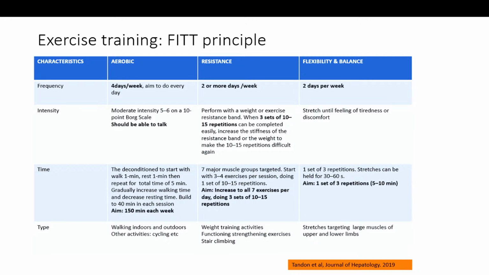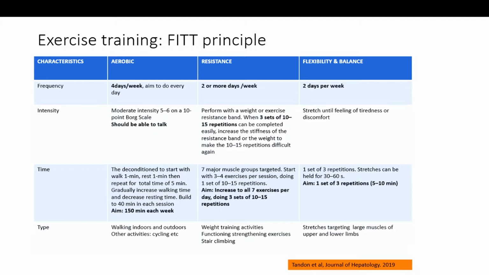Now coming to timing, again the timing has to be tailored to the patient's needs. If the patient is very deconditioned, we can start with maybe a 1 minute walk. He can take a rest, and gradually as his muscle, mitochondria and capillaries build up, we can increase it, and the aim is to target 150 minutes per week of aerobic training. For resistance or strength building, there are 7 major muscle groups which I'll be showing subsequently.